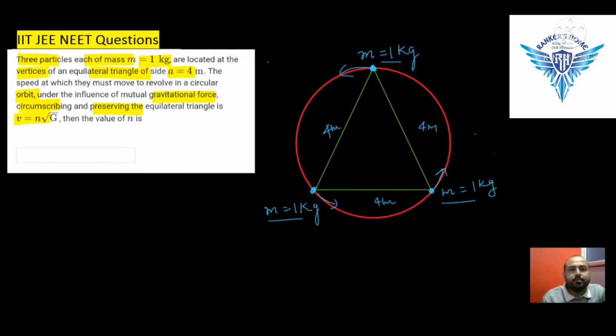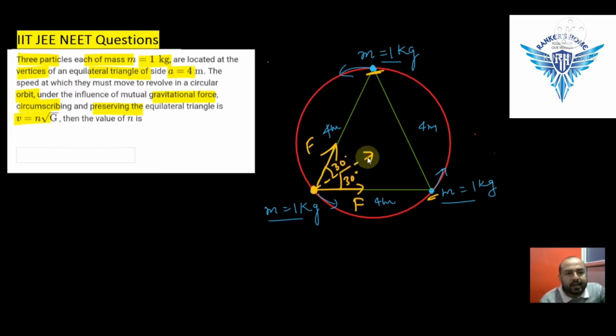Suppose initially the position is as shown in the figure. On this particle, the force of attraction by this particle and this particle will be F in this direction and F in this direction, and both F are at an angle of 60 degree. So this one is 30 and this one is also 30.